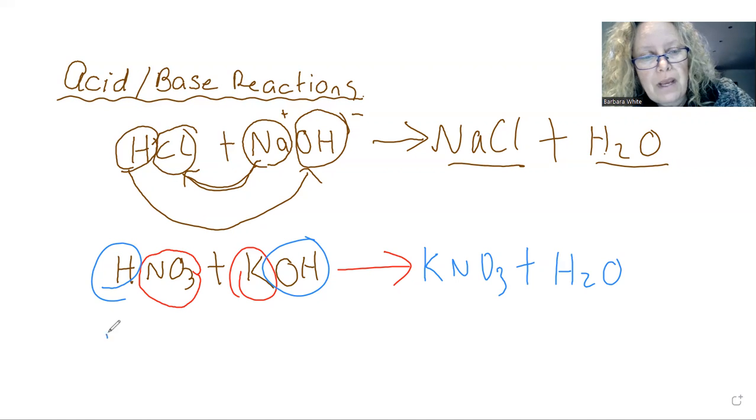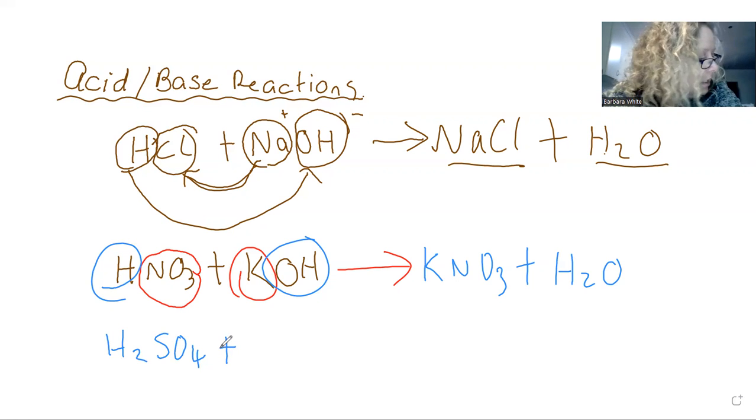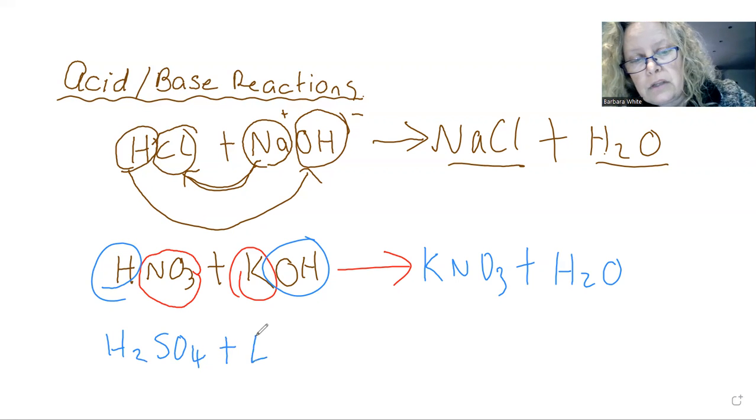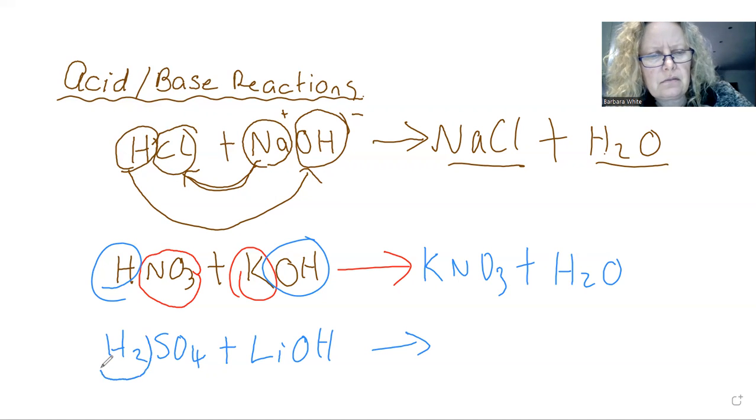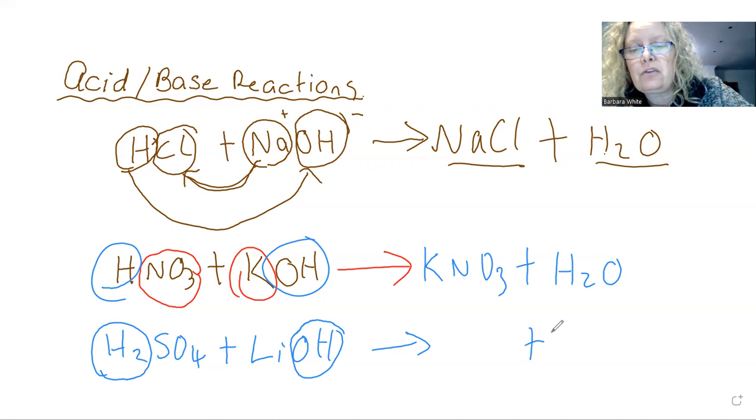We've got H2SO4 as our acid, that's sulfuric acid, with lithium hydroxide, which is our base. Acids have hydrogens pretty much always, and bases have hydroxides pretty much always. So the H and the OH are going to go together to give you water.